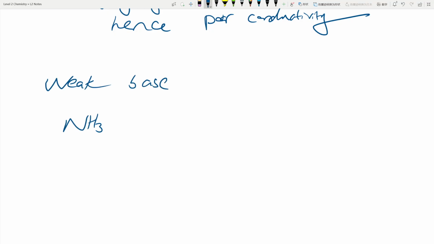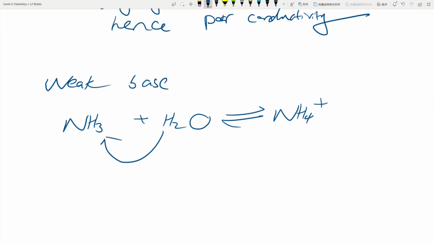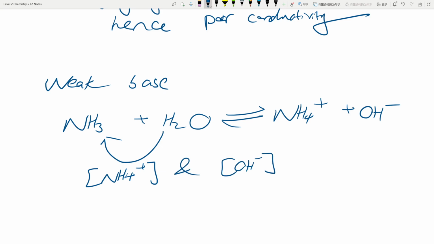And this is going to be your most popular example, which is NH3, ammonia. This is going to accept a proton, or H+, from the water to produce hydroxide. Again, the NH4+ concentration and OH- concentration are going to be very low due to partial dissociation.